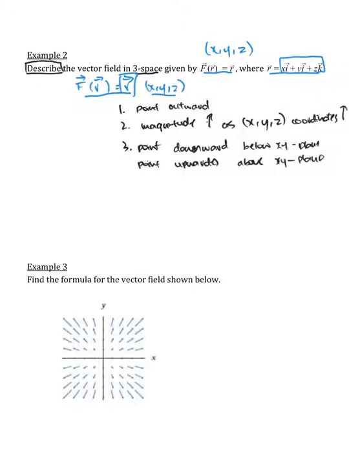So a better way of phrasing it is that the vectors point downwards if it's below the xy plane, and the vectors point upwards if they're above the xy plane. If you want to check that, it's very easy to just plug in the points 1, 1, 1, and then the points -1, -1, -1. And that's it for this example.